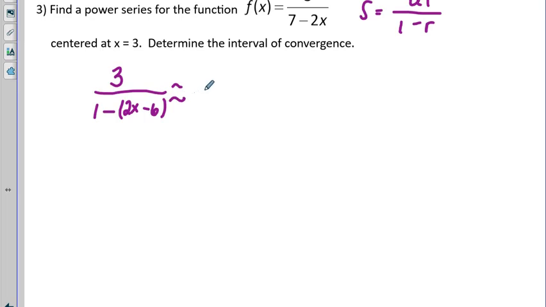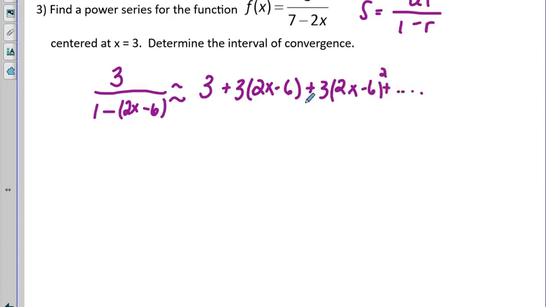So I'm going to use this to create my series. So the series, we usually just do 3 or 4 terms. So the first term is the top number, 3. And then since it's minus here, everything is actually plus over here. It's kind of the opposite. So it's going to be 3 times 2x minus 6 plus 3 times 2x minus 6 squared, dot, dot, dot. Okay.